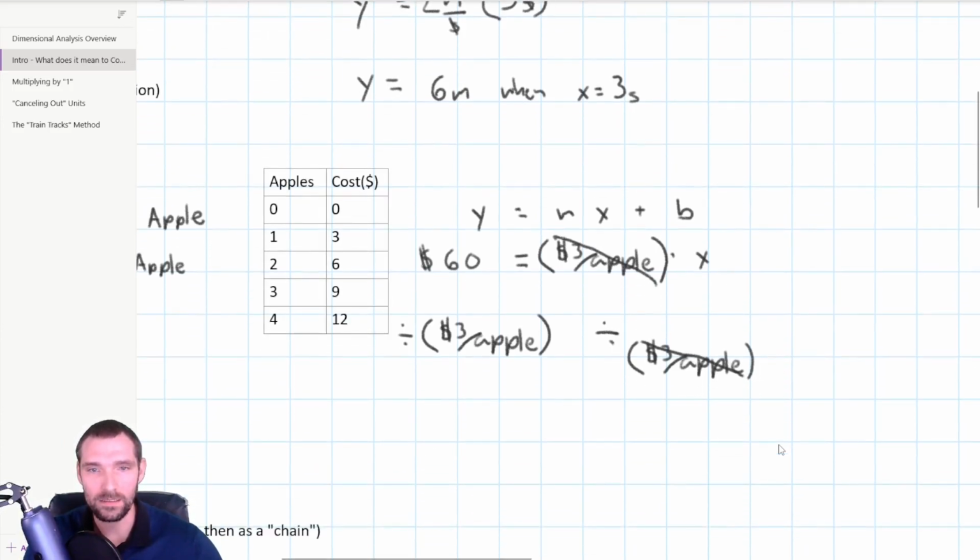And so we've got the $60 divided by $3 per apple. Kind of a fun fact, when you have a denominator in a fraction that's the denominator of another fraction, it comes up to the top, to the numerator. So the x, this is in apples, and this should be 20 apples.